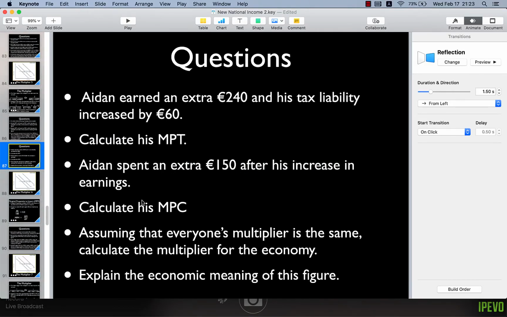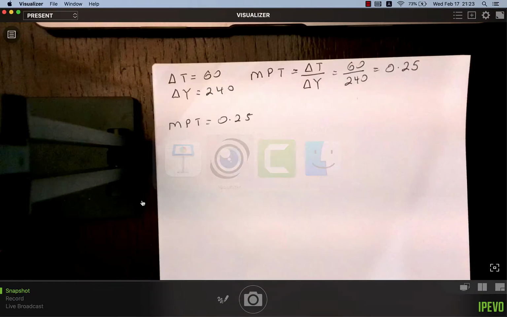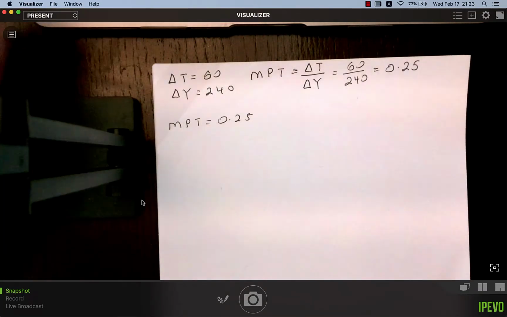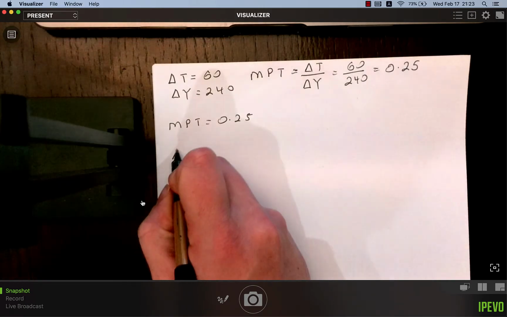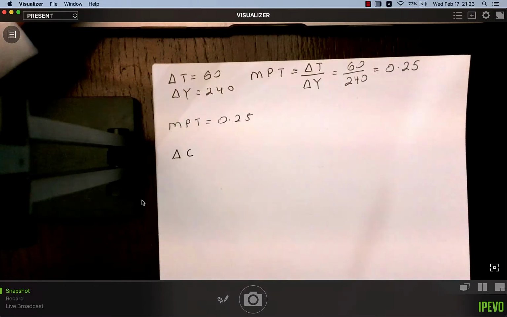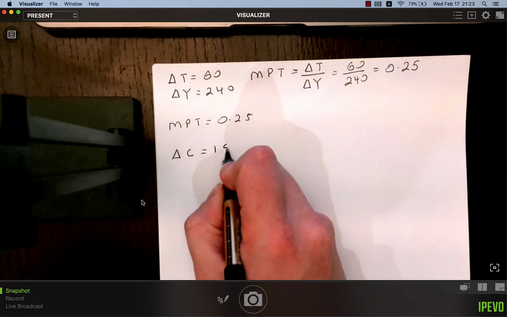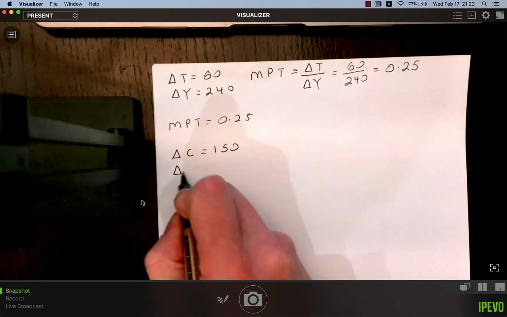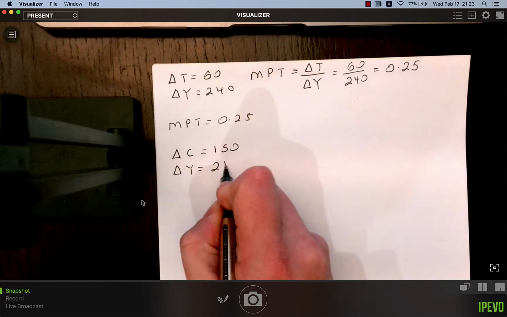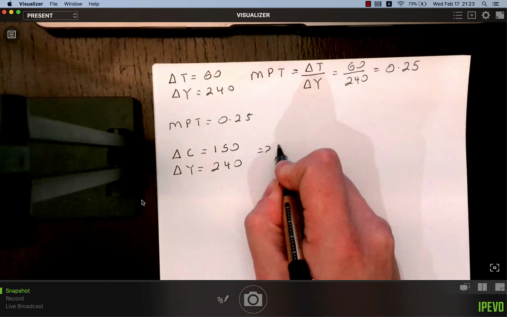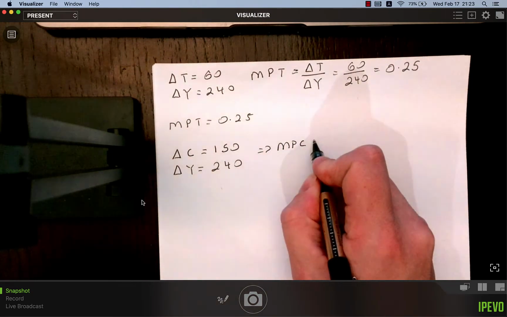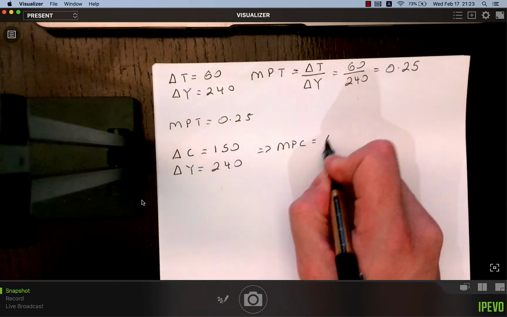Now, Aidan spent an extra 150 after his increase in earnings. The change in consumption is 150. The change in income is still 240. The MPC, which we need to calculate the multiplier, equals the change in consumption over the change in income.